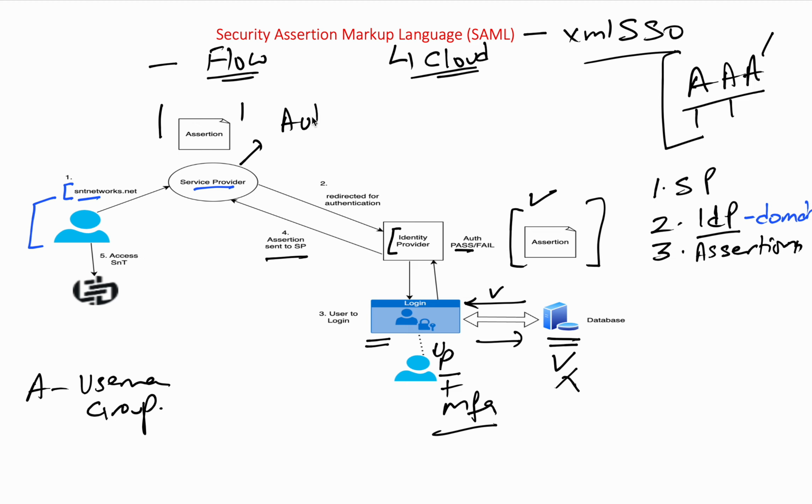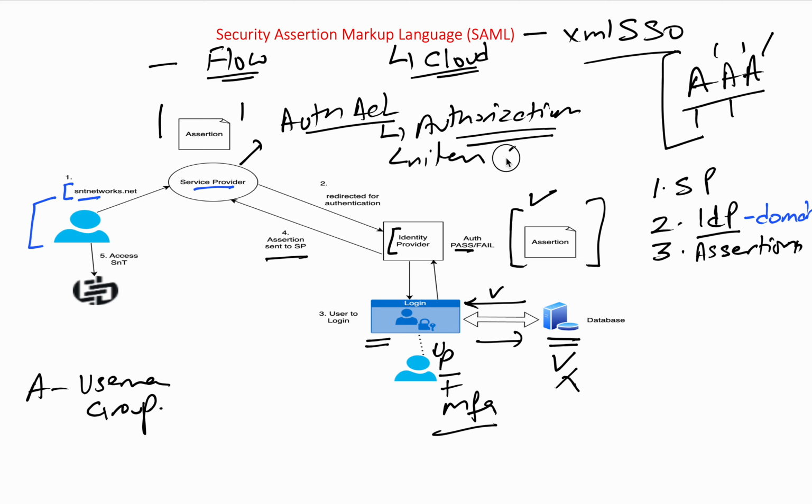But the auth ACL or grouping will have the second part, authorization. Now, for example, if the user is Nitesh and group is L1, give access to tree. But if the user is Nitesh and group is L2, give access to tree 2. Now it will see what group has been passed. Okay, group is L1.